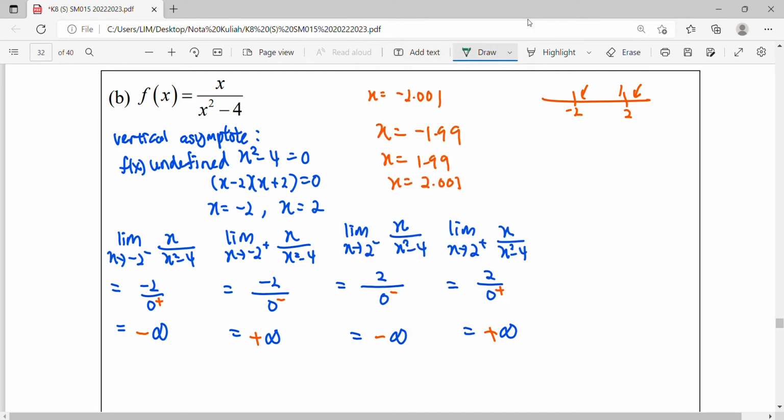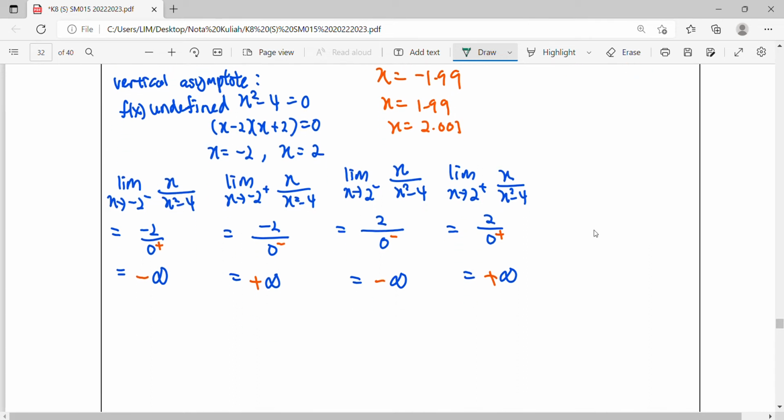Okay, next part. After we figure out the vertical asymptote, we're going to find out the horizontal asymptote. For horizontal asymptote, we're going to find the limit as x approaches negative infinity for the function. And then we notice that this is indeterminate form, infinity over infinity.